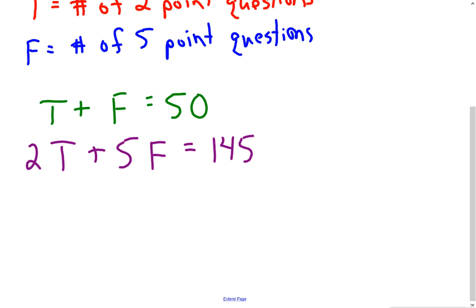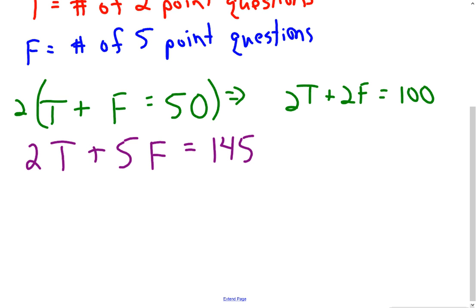So I look at this and go, elimination looks like a pretty good method. If I just multiply this first equation by, let's say, 2, I can then eliminate the t's. So that's what I'm going to do. Let's take that first equation and multiply everything in it by 2. So then I'm going to have 2t plus 2f equal to 100.